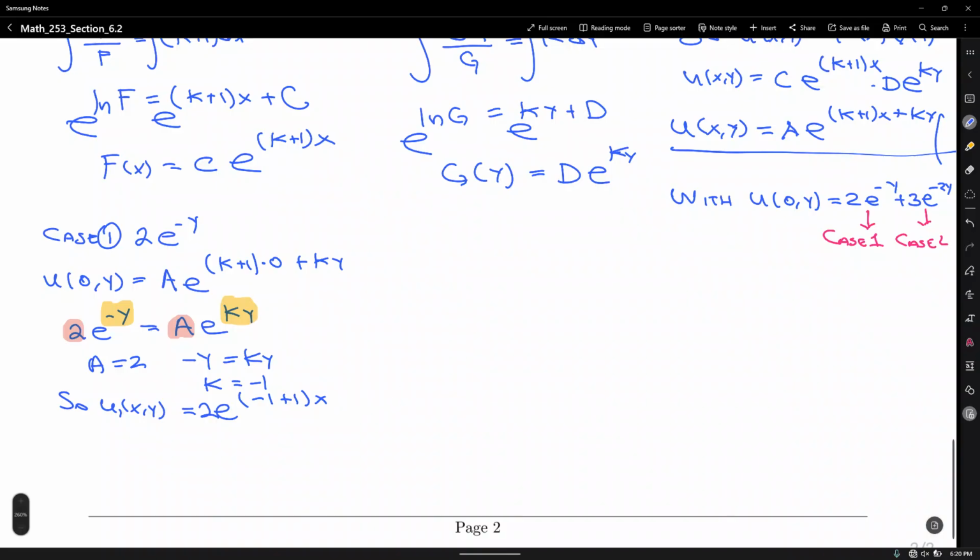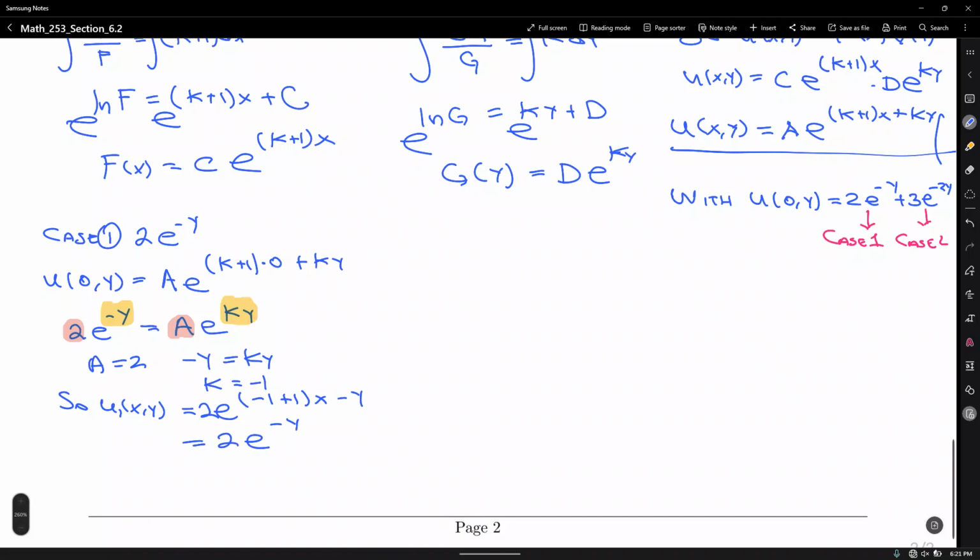That's simply negative y. But what happens here, guys? This is going to go to 0, so this is simply 2 e to the negative y, right? Are you guys following me here?